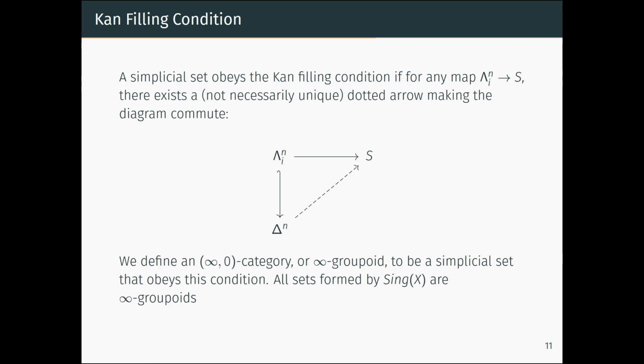And we want this for all n, so tetrahedra and that sort of thing. And so we say that an infinity zero category or an infinity groupoid is actually just defined by a simplicial set which obeys this condition. And as we'd hope, all of our singular complex sets are infinity groupoids.